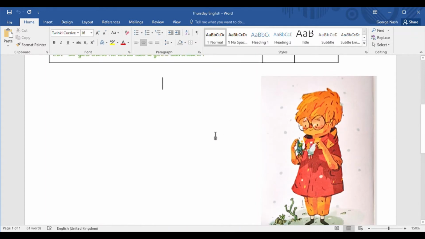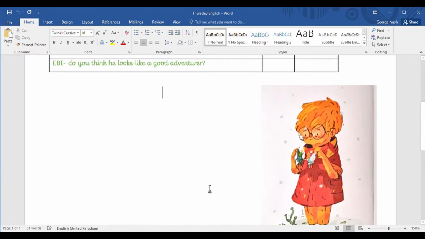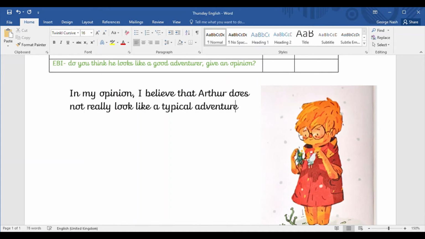Okay, so I want to see your different opinions on what you think Arthur is like today. And even better if, do you think he looks like a good adventurer? And I'm just going to include here, give an opinion. Okay, because that's really important. So you might want to start a sentence with, in my opinion, comma, I believe that Arthur does not really look like a typical adventurer, full stop.